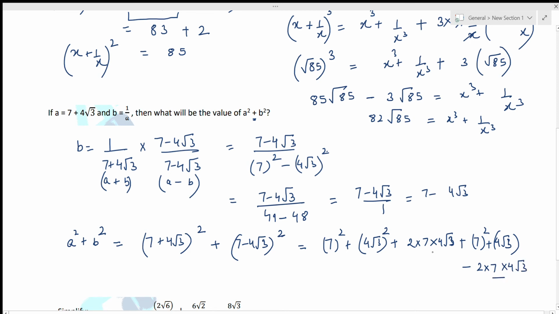So this term and this term are the same, we can cancel them out. Now we are left with only 7 square, which is 49, plus 4 root 3 whole square, which is 48. Again plus 49 plus 48. So the answer will be, just add up all of these. What will you get? 194.